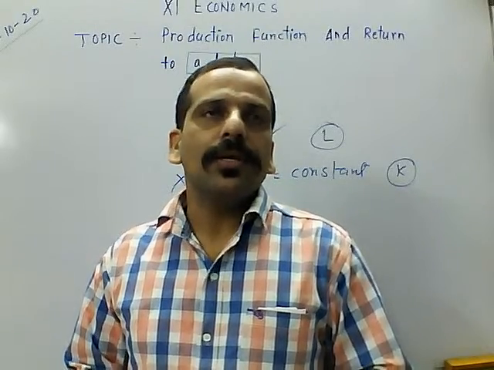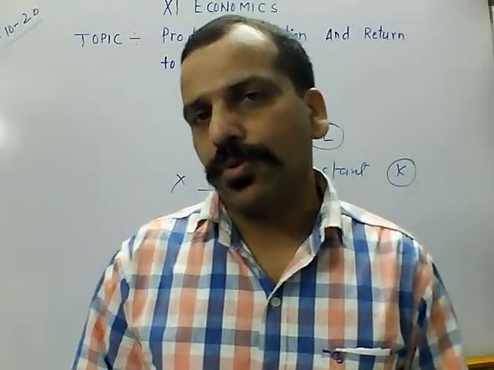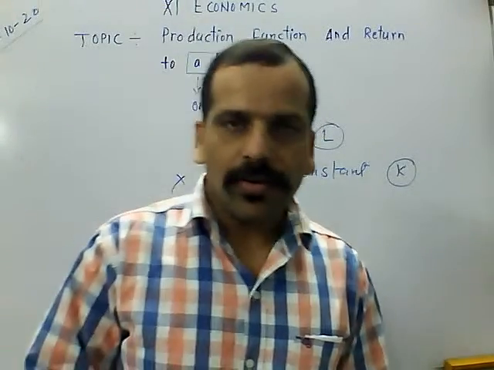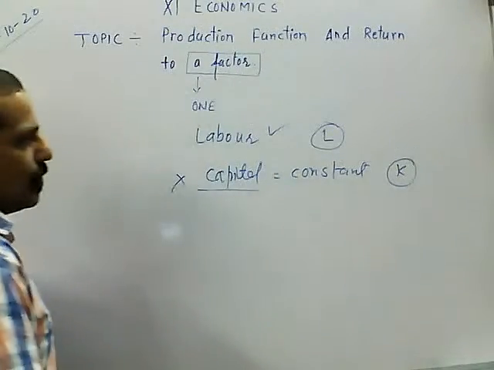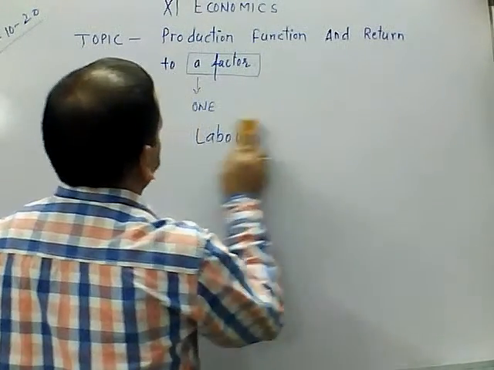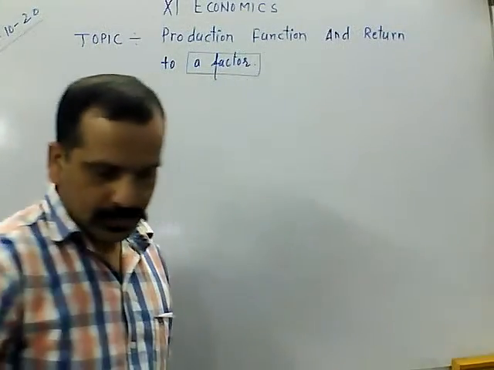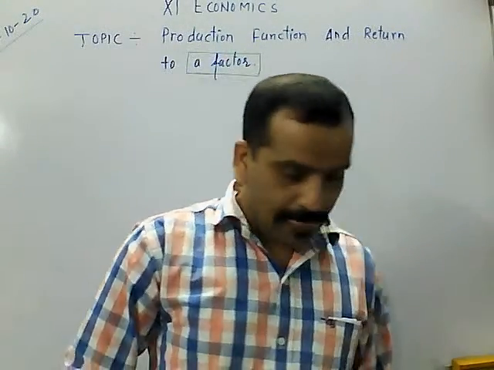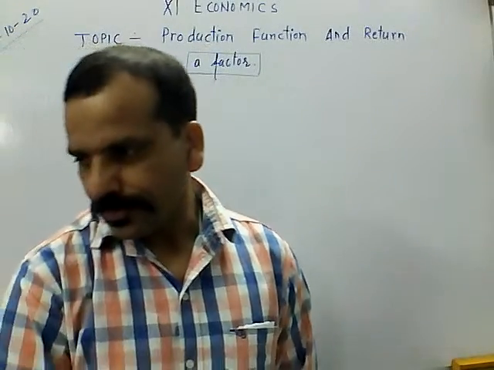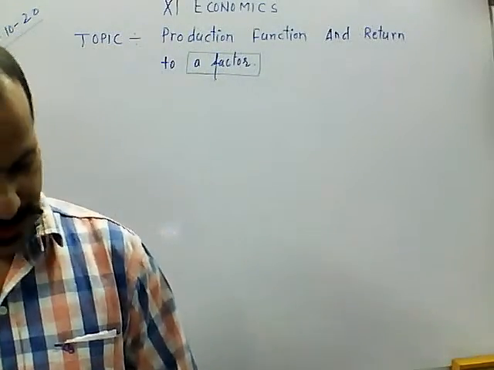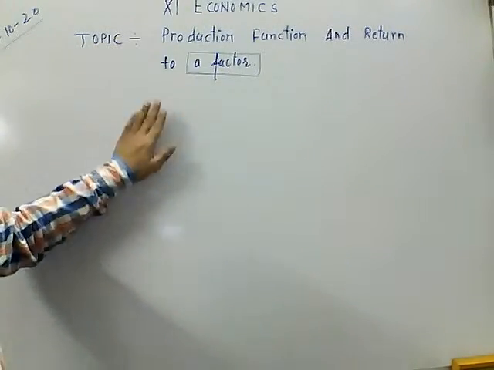In that combination, the ratio of labor may be more or the ratio of capital may be more. Got it? So this is about the introduction of the chapter. Introduction part is over now.